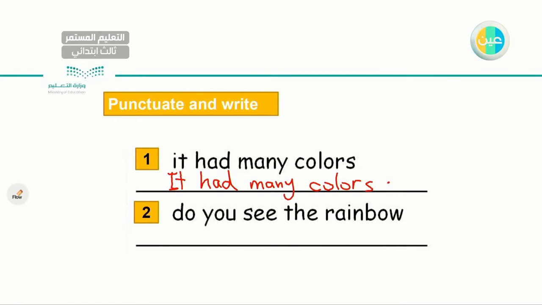Let's go to number 2. Do you see the rainbow? Help me out here. I need to punctuate this. Yes, I should start with capital D. Do you see the rainbow?